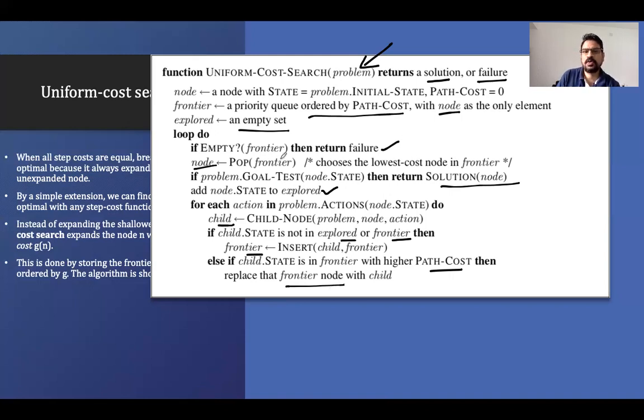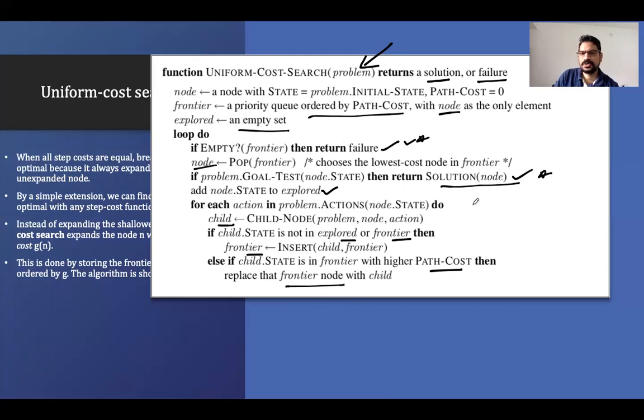So in that way, this process will go on and on till we get the solution or till we get the failure. This is the point where my algorithm will go out of the loop. Okay, so this is the algorithm.